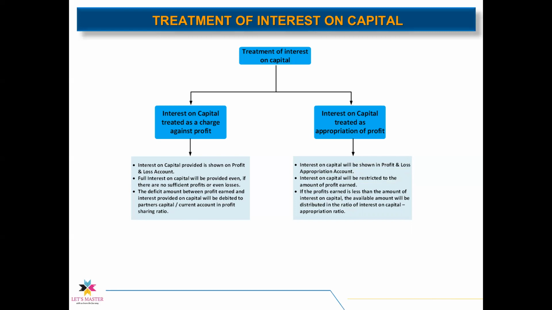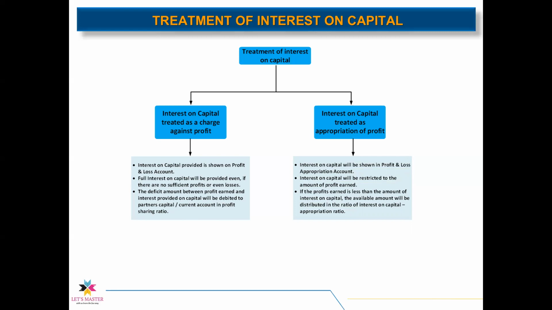But if the partnership deed provides that the interest on capital will be treated as a charge against profits, no matter whatever the situation is, the firm is bound to provide interest on capital to the partners.